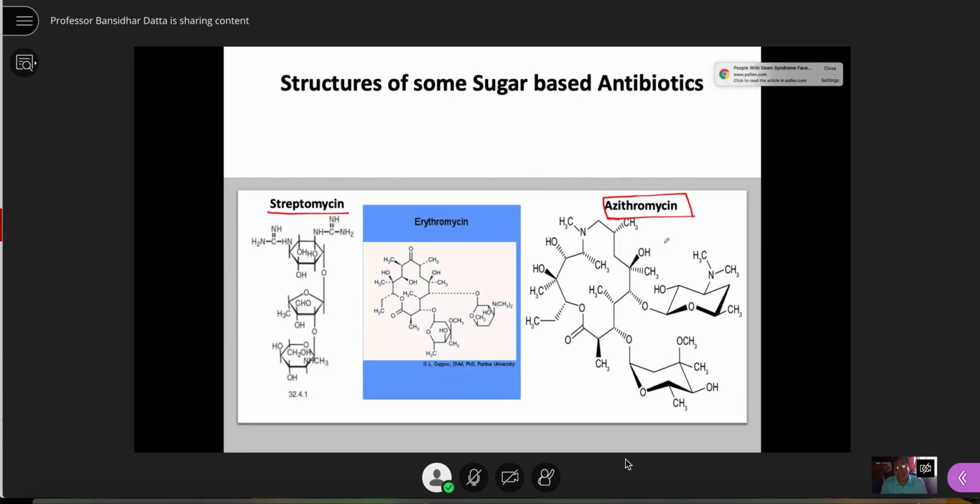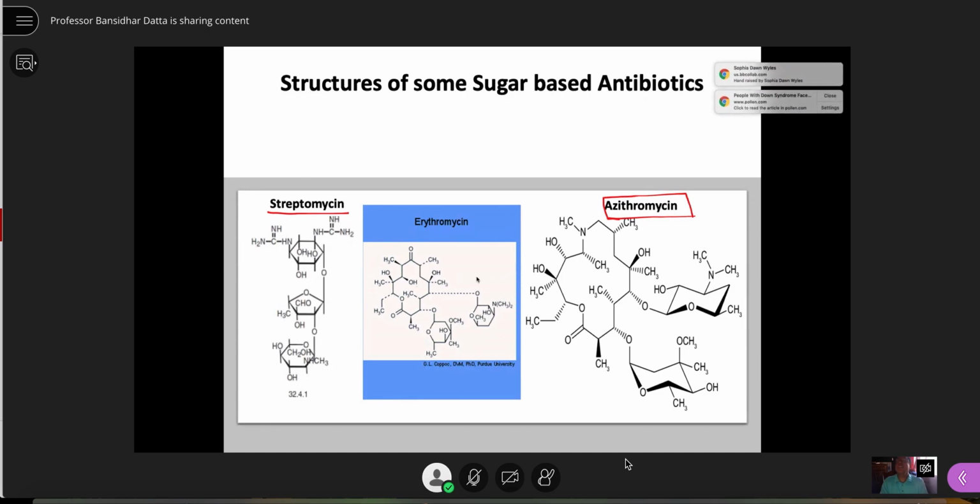Although COVID-19 is a virus, some viruses need bacteria to grow, and azithromycin kills those kinds of bacteria. They are all broad range antibiotics. They kill a series of bacteria, gram-positive and gram-negative combined.